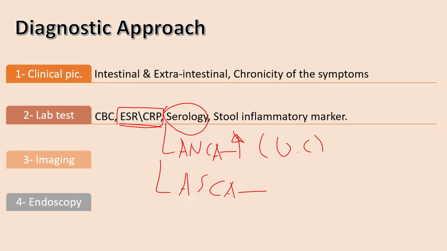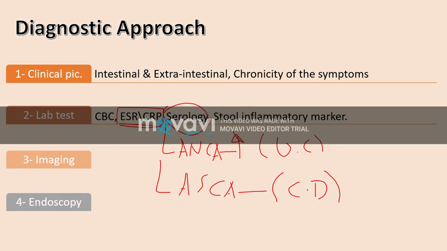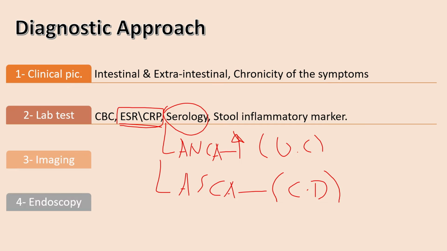So it's more specific to Crohn's disease. So these autoantibodies are sort of specific to each condition, but are not sensitive. So if these autoantibodies are negative, they will not rule out the IBD diagnosis. But if they are positive, they'll build another block suggestive of IBD.